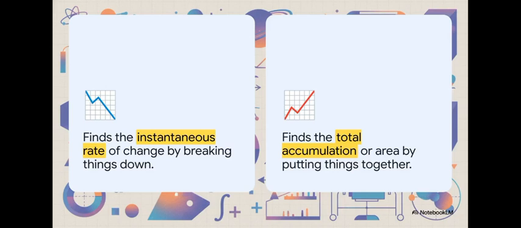Differential calculus breaks things down to find an instantaneous rate of change, like glancing at your exact speed on a speedometer for one split second. Integral calculus does the exact reverse, summing things up to find a total accumulation, like the total distance you've traveled over a shifting and changing road trip.